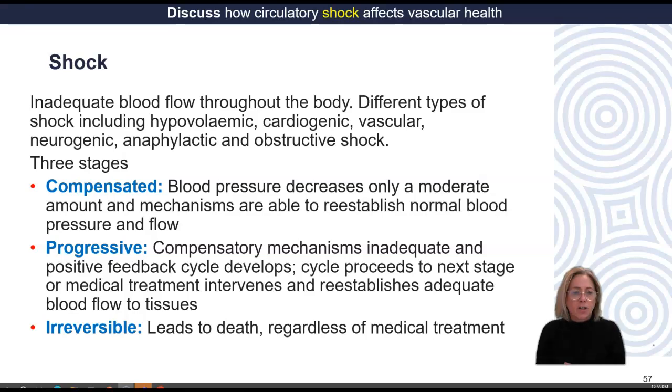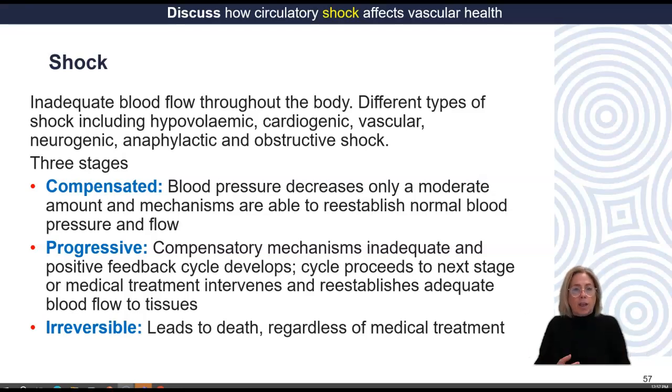There are 3 stages of shock, and these are called compensated, progressive, and irreversible. With compensated shock, the blood pressure decreases only a moderate amount, and all of the physiological mechanisms that I've been talking about are able to re-establish normal blood pressure and blood flow, and everything's fine. However, if that doesn't work, it then progresses into progressive shock, where these mechanisms are inadequate, and a positive feedback cycle develops.